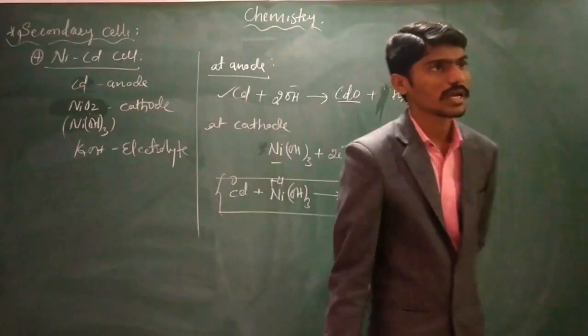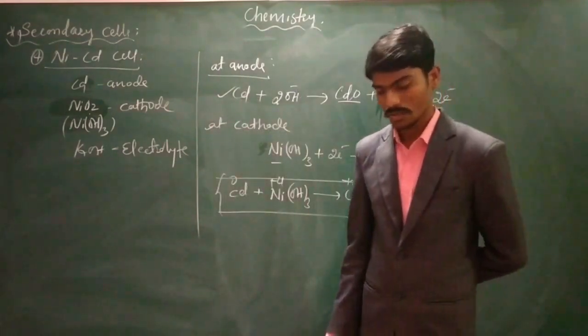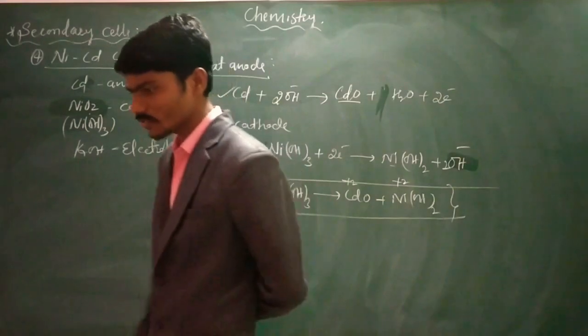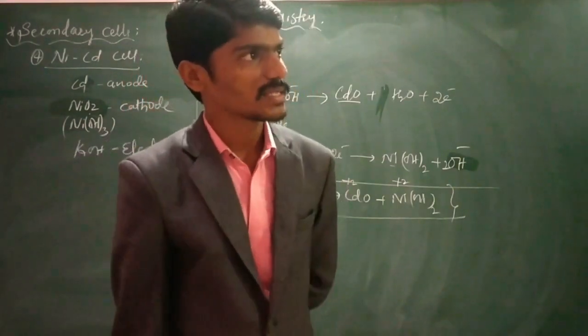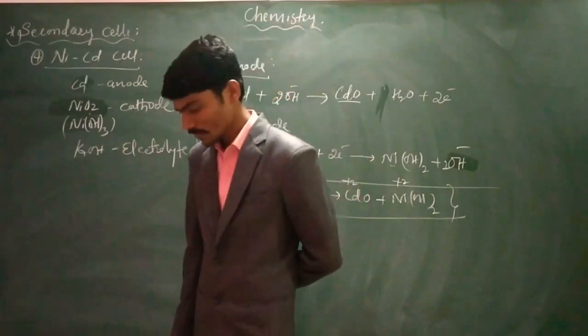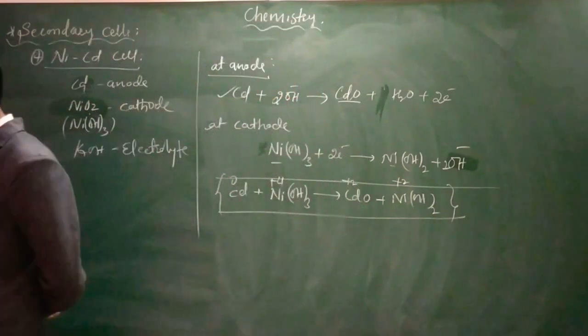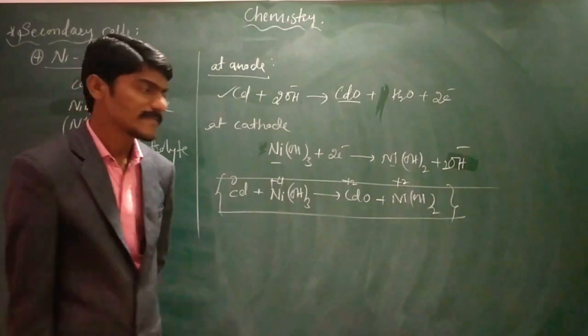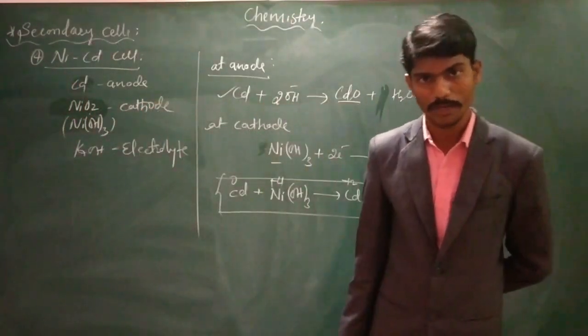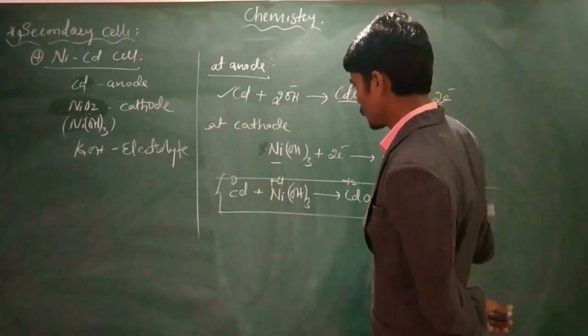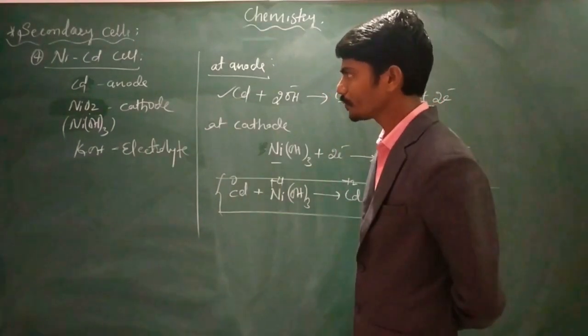So this is about your secondary cells. So we have completed primary as well as secondary batteries: in primary, dry cell and mercury cell, whereas in secondary, lead storage battery as well as nickel cadmium storage battery. 4 batteries के बारे में complete हुआ. Now you can note a complete table summary of this.